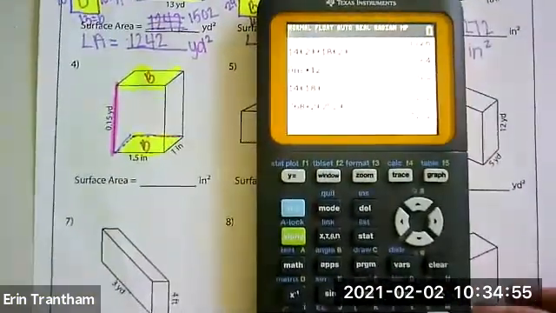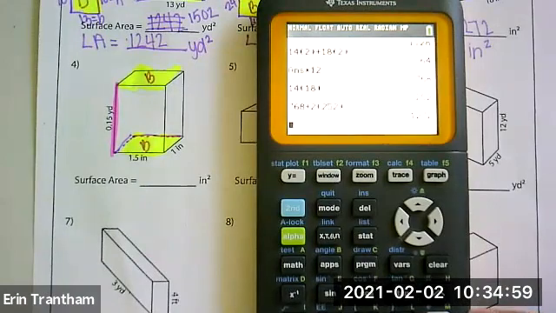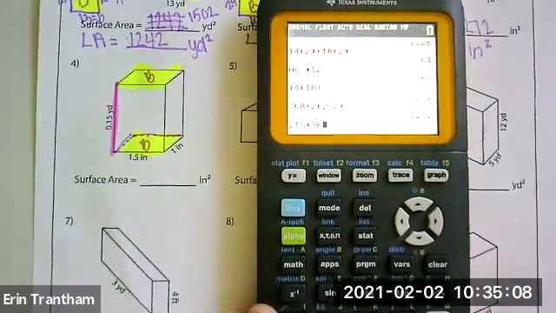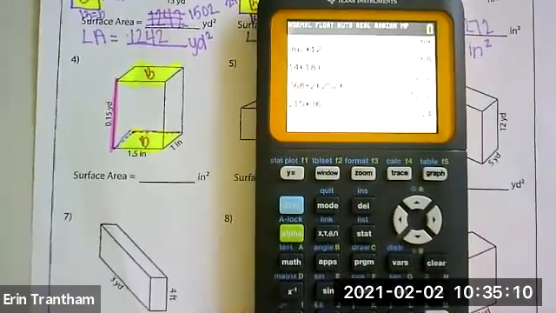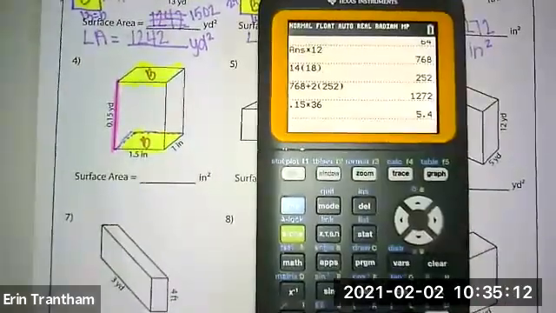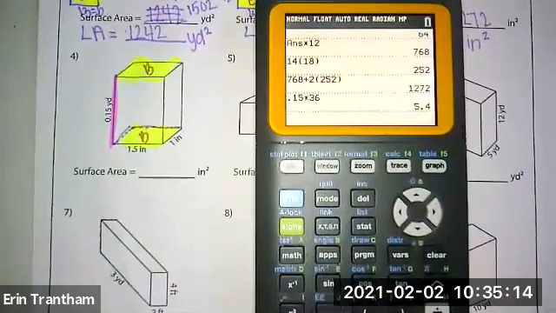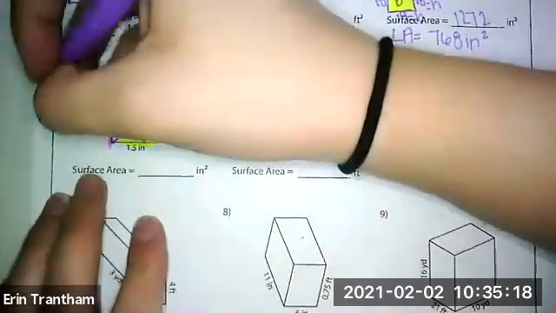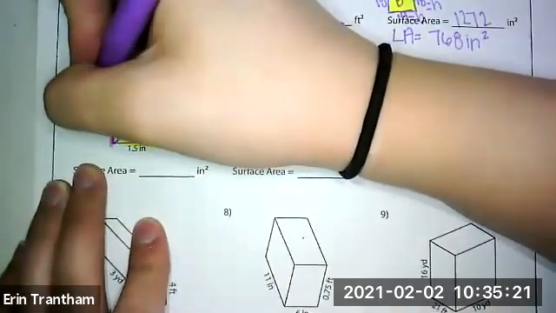Hold on. 36 inches is a yard. So we need to multiply 0.15 by 36. So we have 5.4 inches. Okay, so this is going to be 5.4 inches.